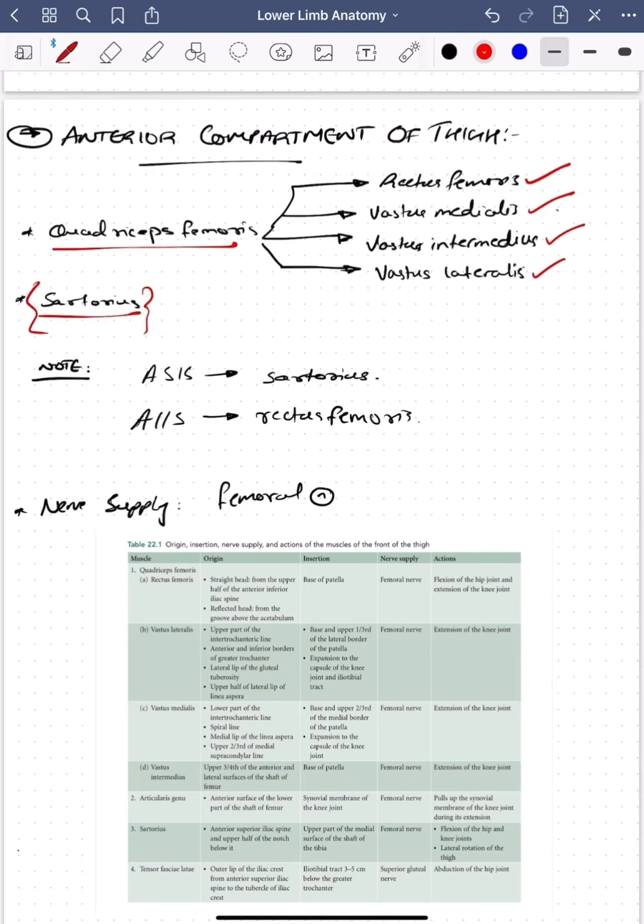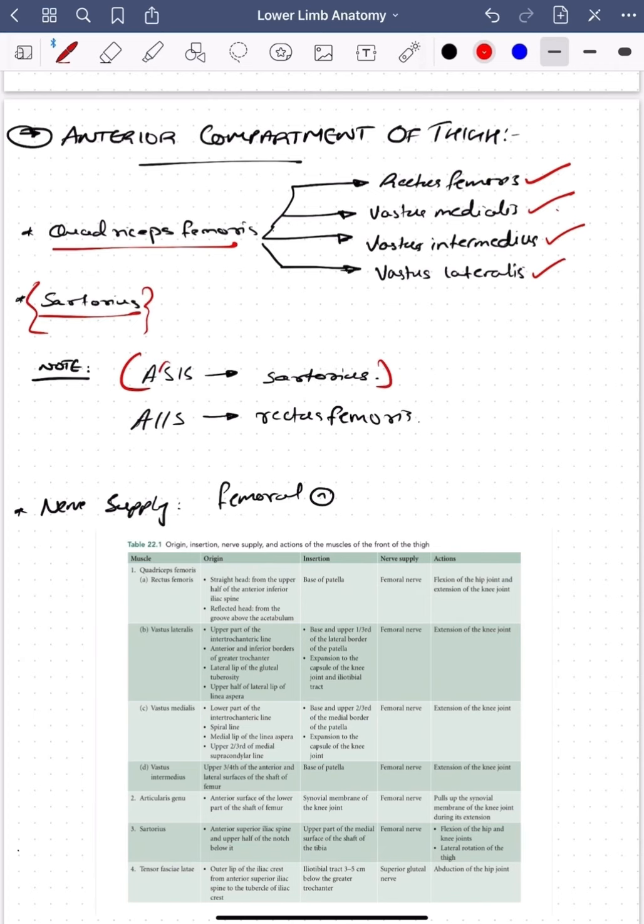Now, the origin insertion, as I told you, is not that important, but for 1 mark questions they may ask, like the muscle that arises from the anterior superior iliac spine, or the muscle that arises from the anterior inferior iliac spine. So just remember, the anterior superior iliac spine gives rise to the sartorius muscle. Okay, anterior superior, sartorius.